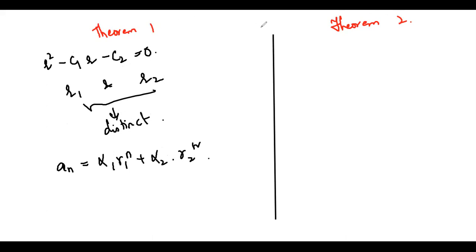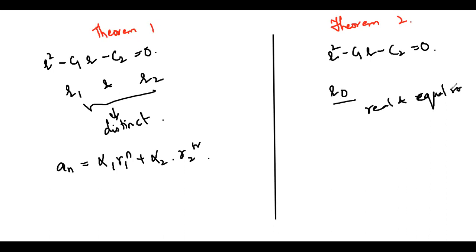Okay. Now, similarly, if we have r square minus c1r minus c2 is equal to 0, we have only one root, that is real and equal root. Also, the condition is C2 should not be equal to 0.